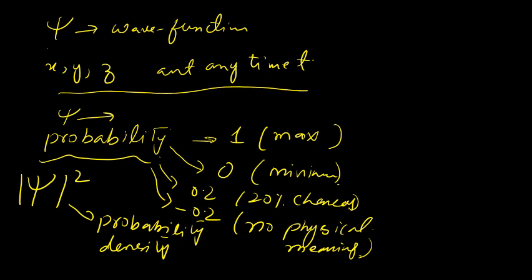The absolute value squared of the wave function is known as the probability density.